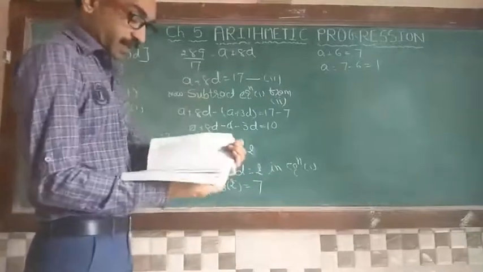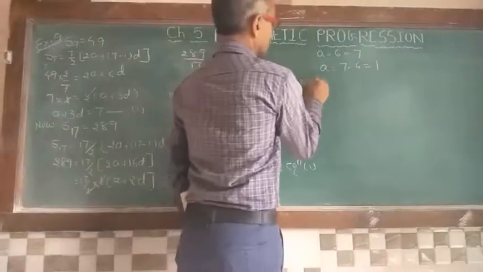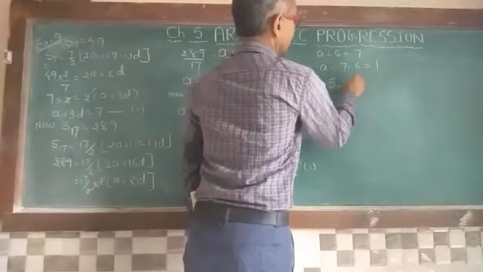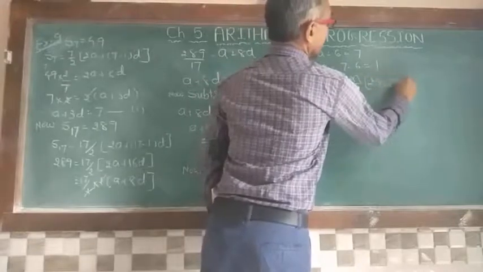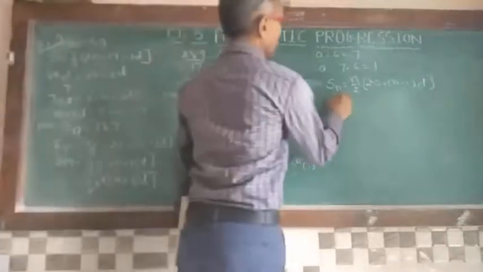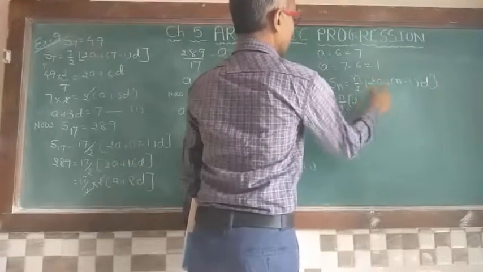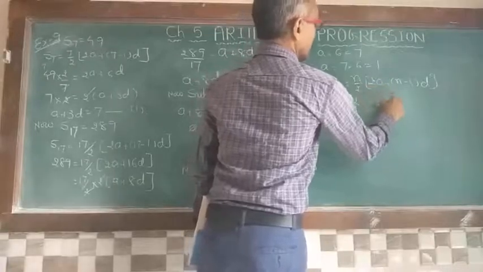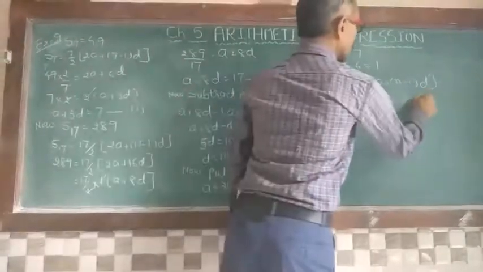Now you can find the sum of nth terms. Sn is equal to n by 2 into twice A plus n minus 1 into D. Now n by 2 into 2, value of A is your 1 plus n minus 1 and value of D is your 2.